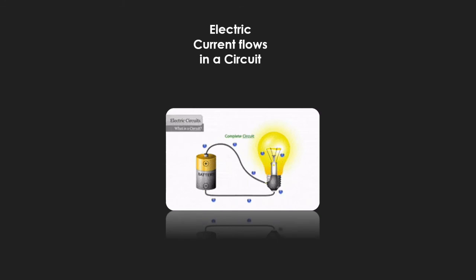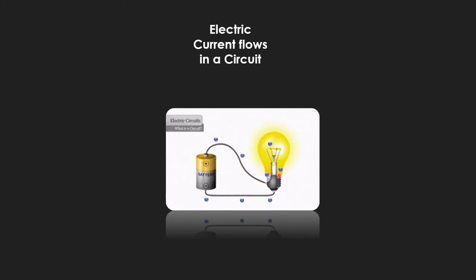So here is an electrical circuit where electric current can flow. There are several pathways where electricity can flow. Now in the case of a battery, it is the one that is pushing the electrons to flow into the wire and into the load.